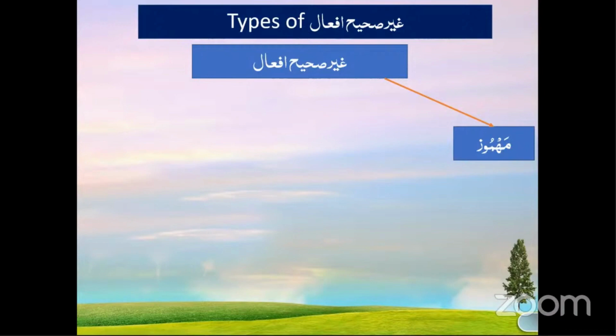You know how we say Rafa, and then something with Rafa we say Marfu, right? If there is a Hamza somewhere, we say Mahmuz. So what is the meaning of Mahmud? You know the name Mahmud? Praiseworthy. Somebody who's praised. So Ahmad is the name, but whoever is praised is Mahmud.